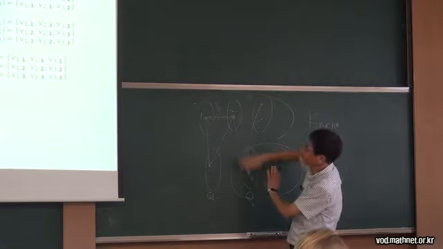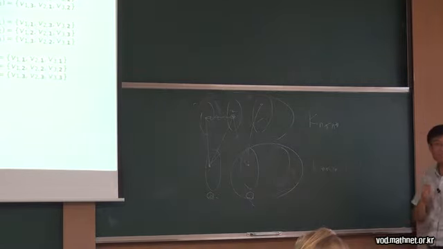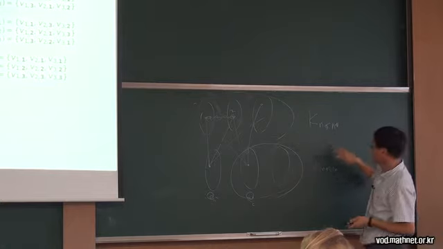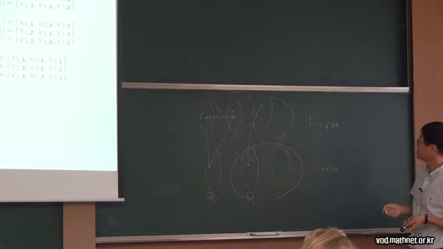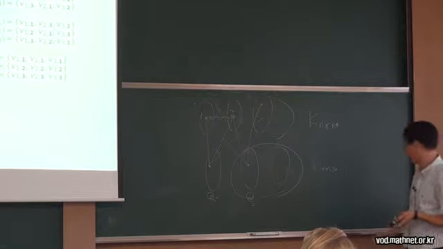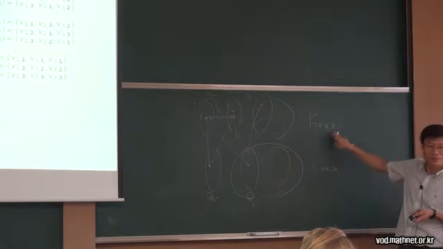So maybe this graph is already a counterexample, but it's not easy to compute the least chromatic number. But here it's not what I'm talking about. Oh, it's just n star n. Sorry.